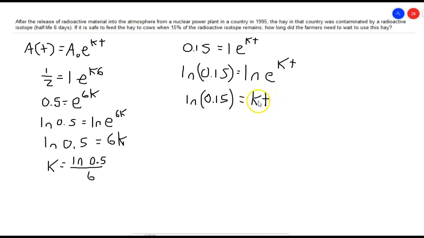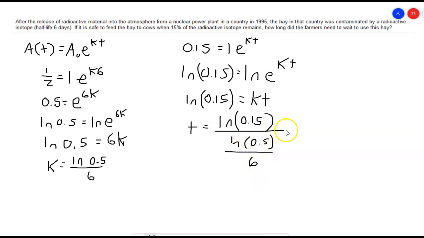And now remember we have a value for that k, so I'm going to divide both sides by k, so t is equal to the natural log of 0.15 all divided by k, and I'm going to go ahead and write what k is now, all over the natural log of 0.5 over 6. And remember, I stored this whole thing on the bottom as x in my calculator.